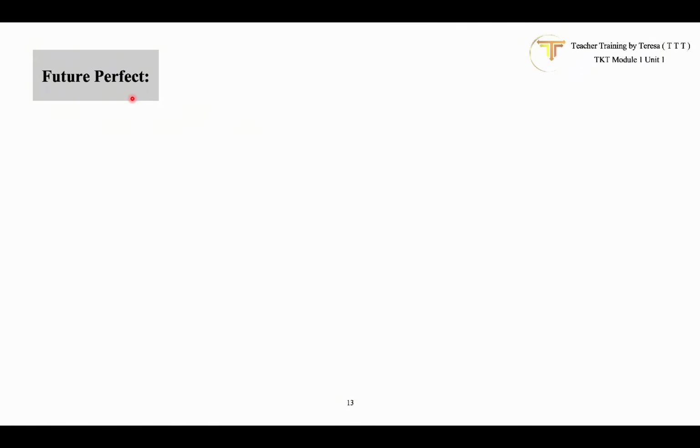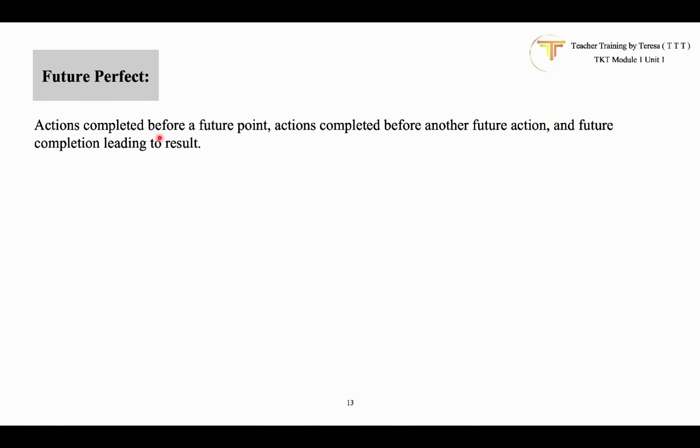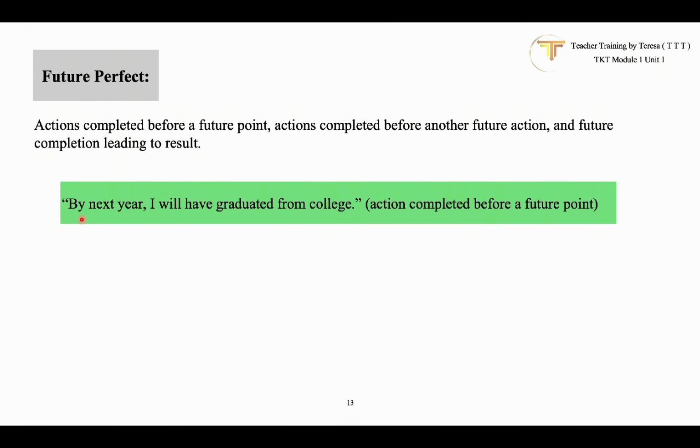Future perfect describes actions completed before a future point, actions completed before another future action, and future completion leading to result. Examples: By next year, I will have graduated from college.